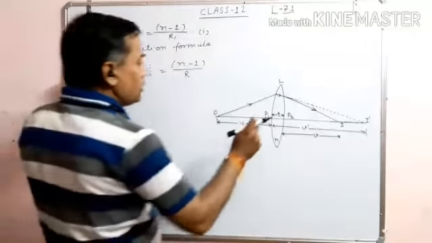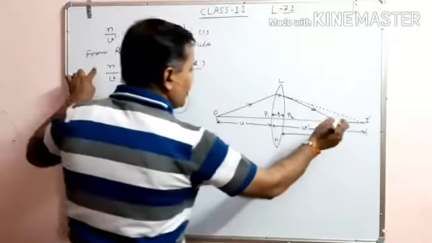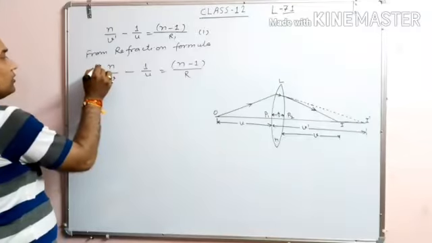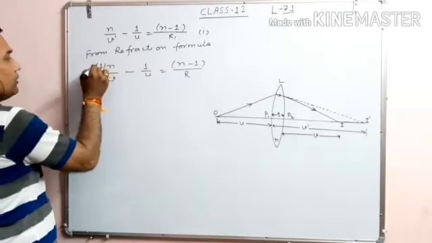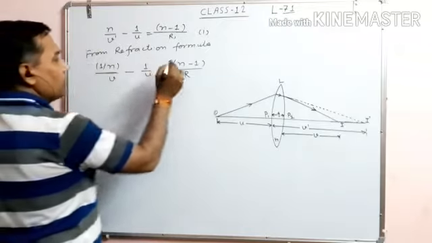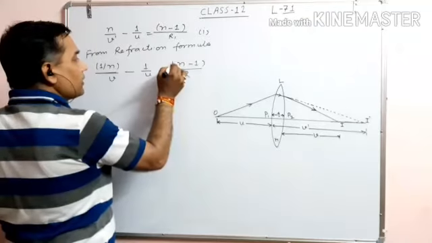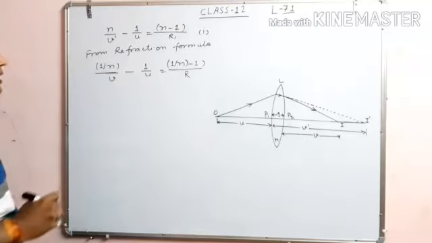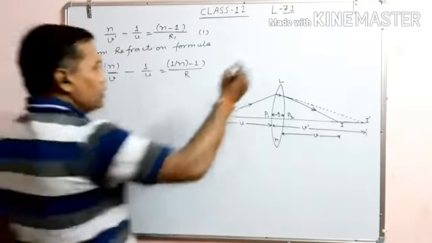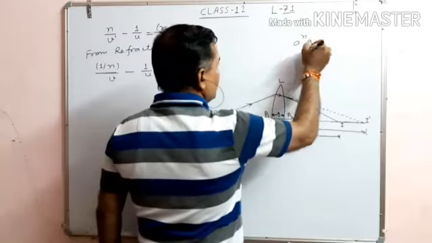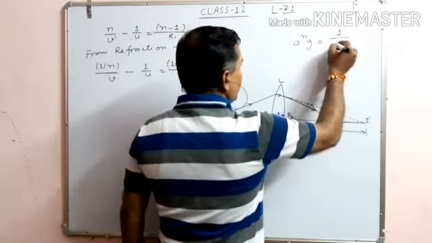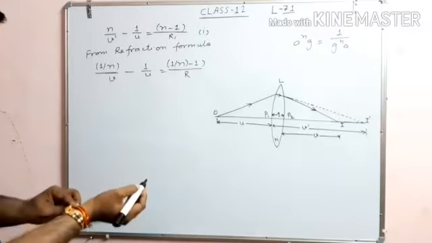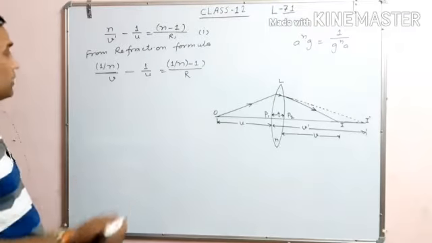Here the ray moves from air to denser medium to air, so its refractive index becomes reciprocal, because a_n_g is equal to 1 upon g_n_a. From this property, we write 1 upon n in place of n.